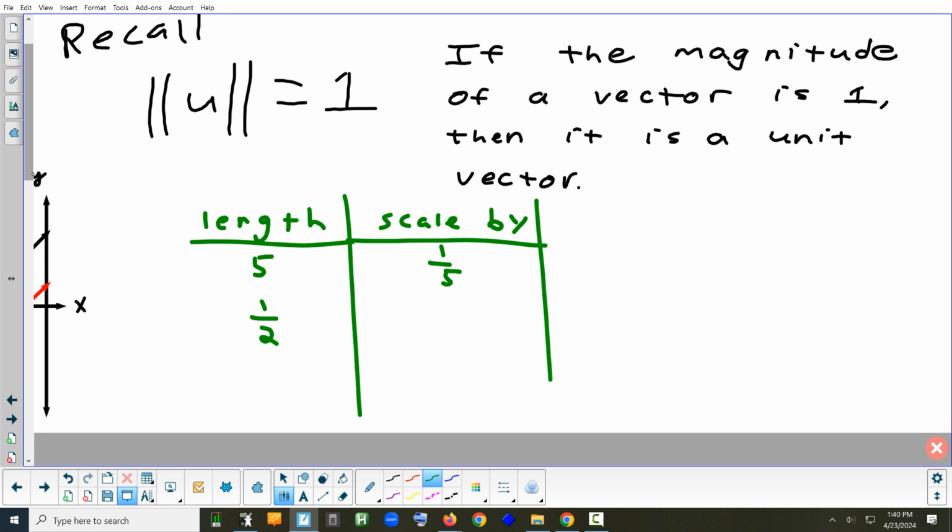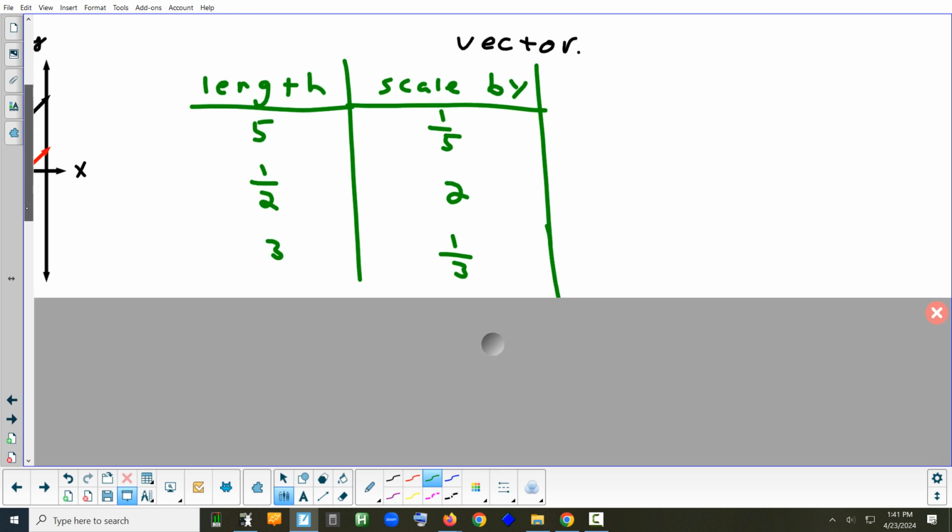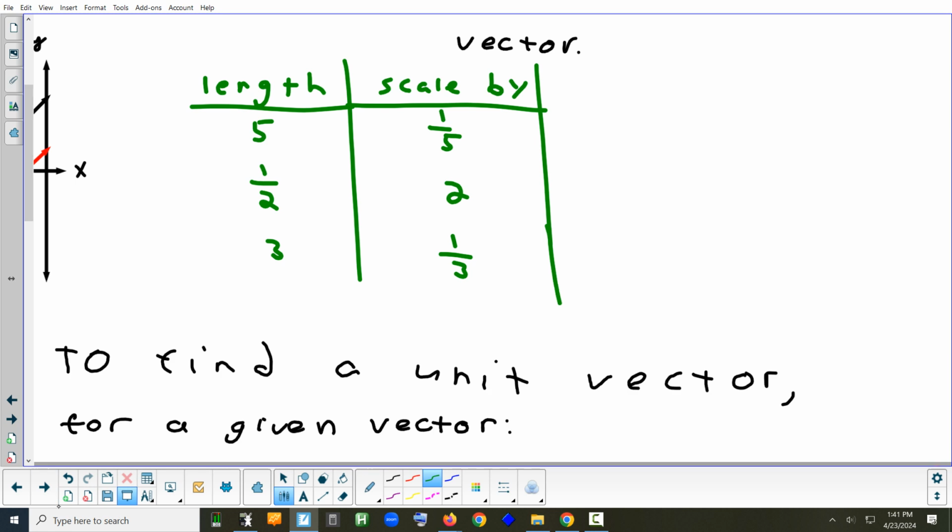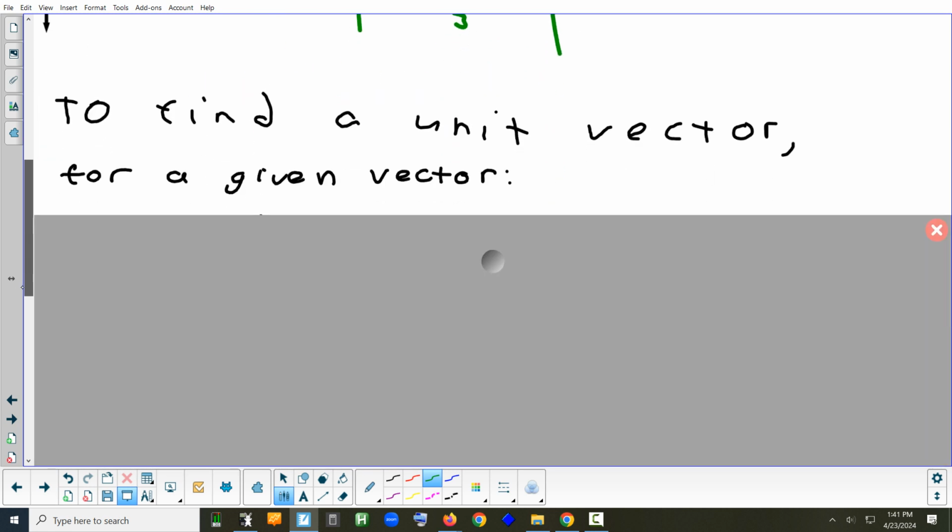You would scale it by 2. Okay, let's do one more. What if I gave you a vector that was 3 units long? 1/3. You'd scale it by 1/3. Does anybody see the connection between how long the vector is and what you need to scale it by? It's scaled by the reciprocal of its length. Yep, exactly. You scale it by the reciprocal of its length.